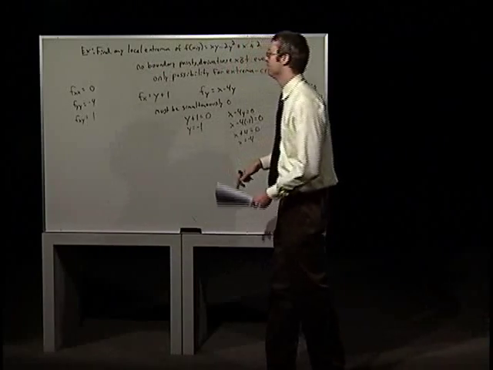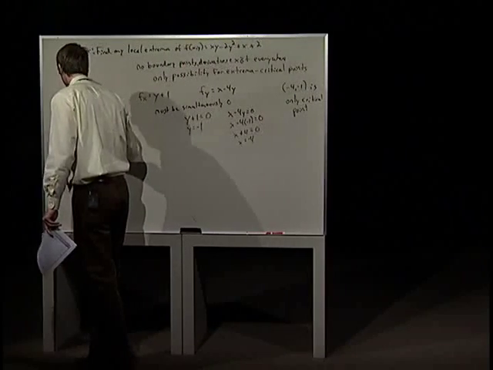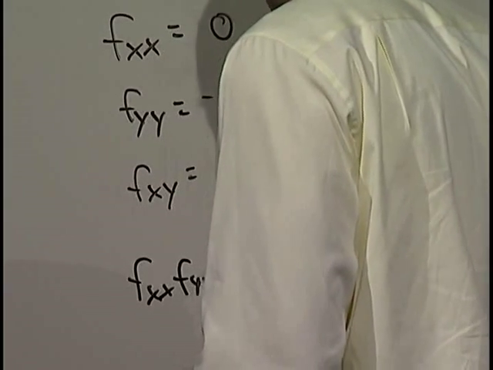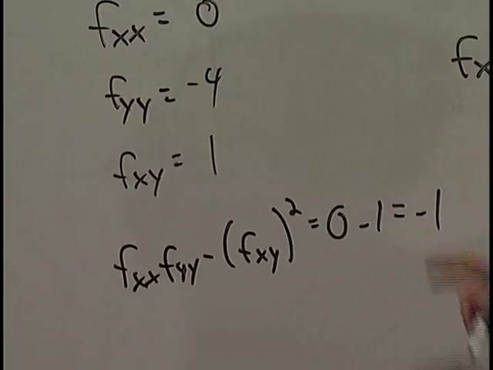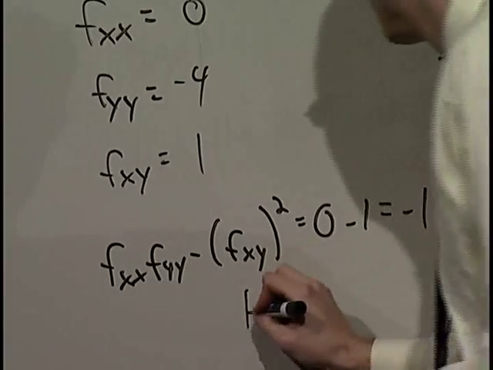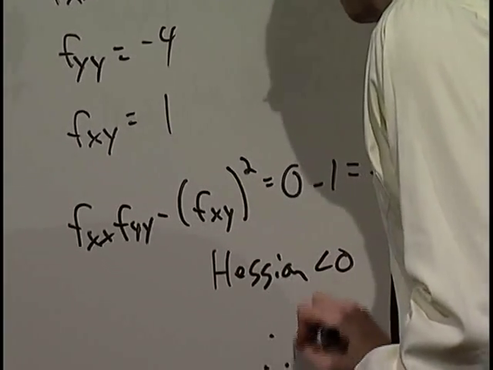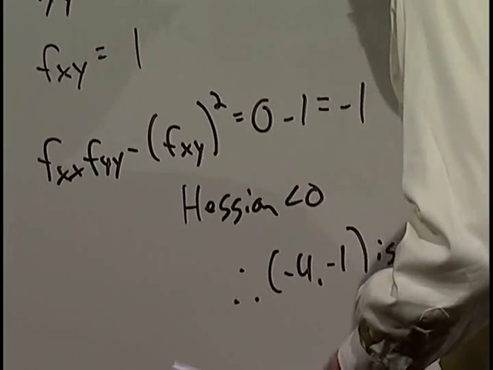Is that right? Yeah. Okay. So the Hessian, remember, it's f of xx, fyy minus f of xy squared. That's 0 minus 1. That's minus 1. The Hessian is negative as a consequence. So Hessian less than 0. Therefore, negative 4, negative 1 is a saddle point.